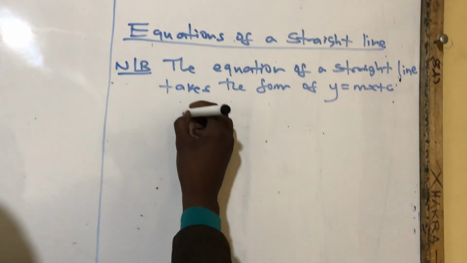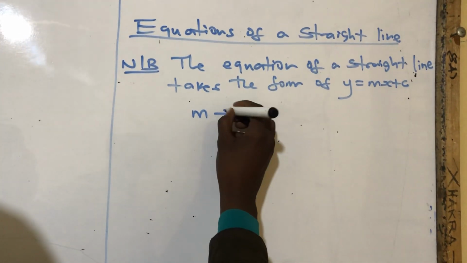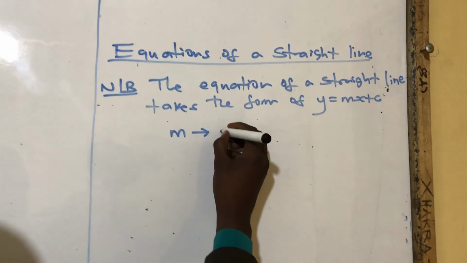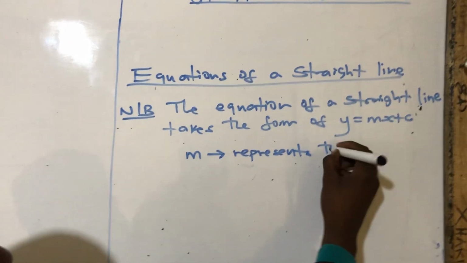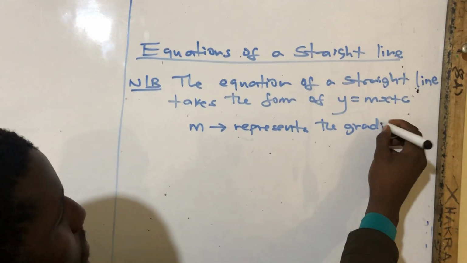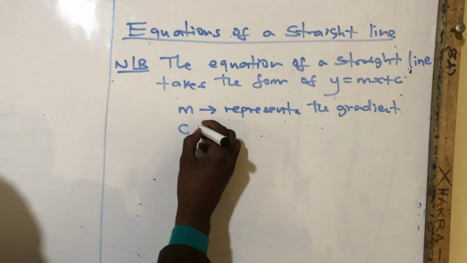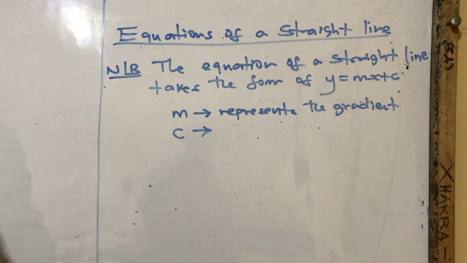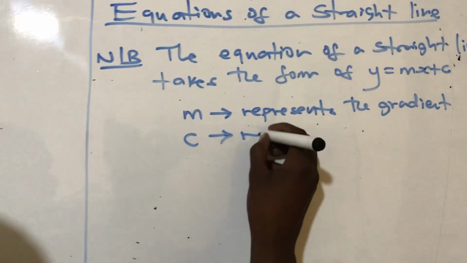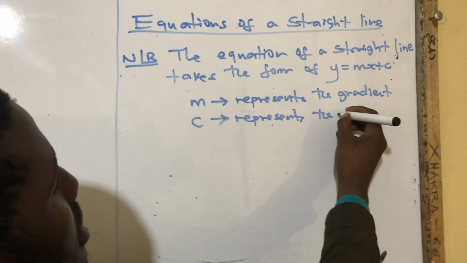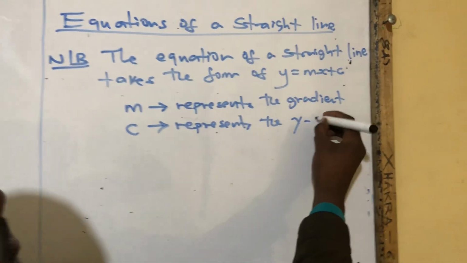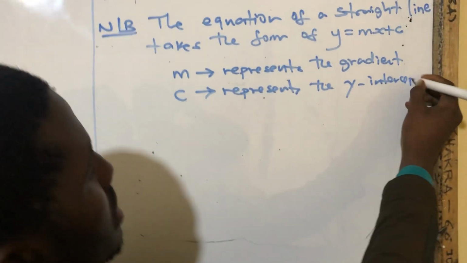Where m in this particular case represents the gradient, and the constant c represents what I call the y-intercept. The c represents the y-intercept.